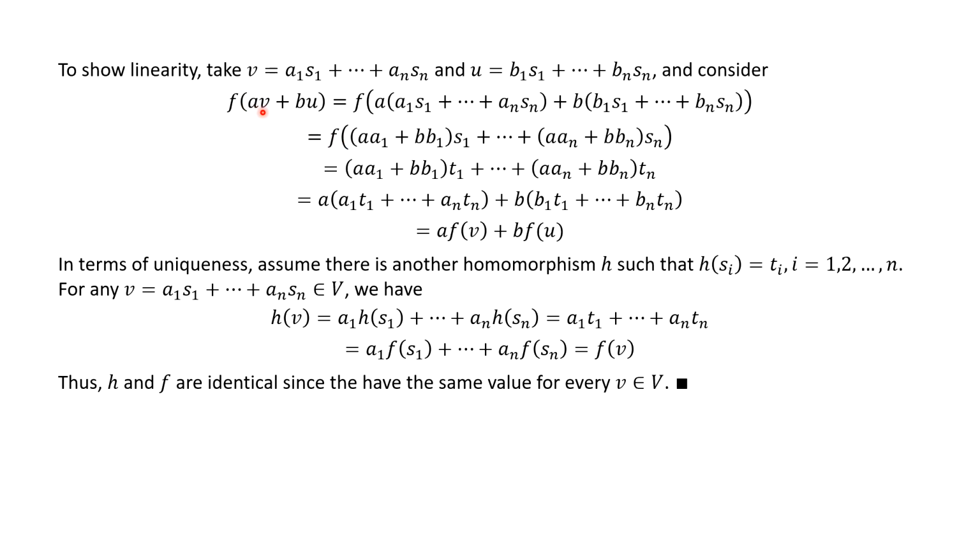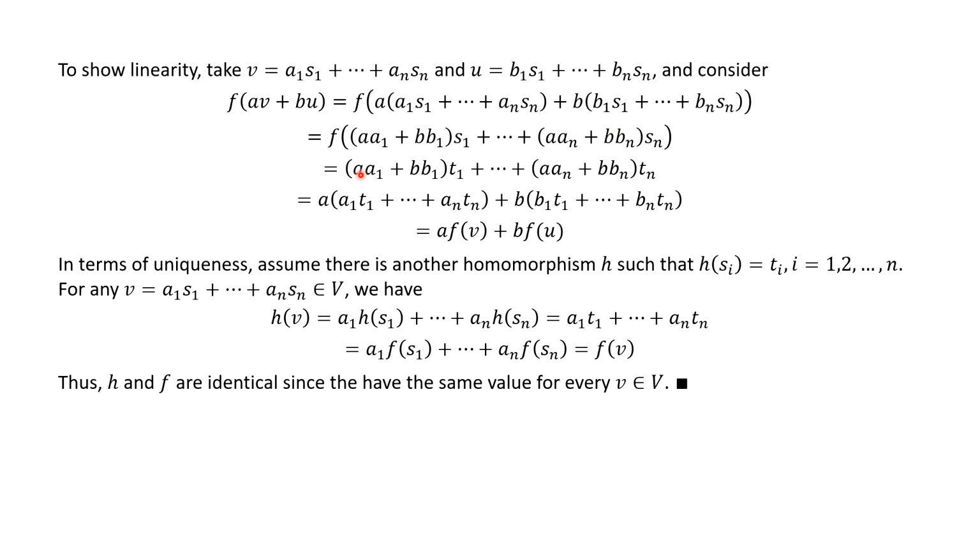And then we take f of av plus bu. We plug in v and u, as I've done here. Then we collect the coefficients based on the different basis vectors. You see here, this is just the reconfiguration of this line.